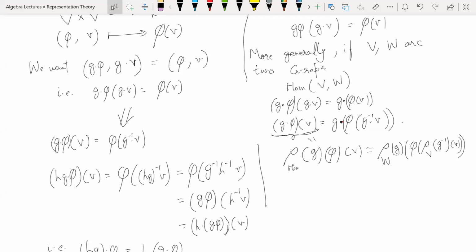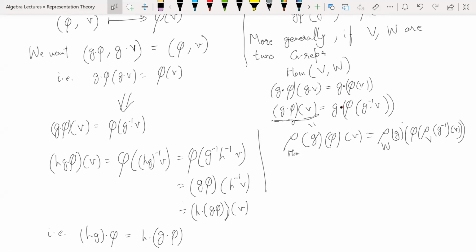Okay, so now you think about why this is an action. In the spirit of putting more brackets, let's put a bracket here. Hg times phi is going to be an element of V dual, and we want to show that the action of Hg on V is the same as the action of G on V followed by the action of H on V. So we evaluate it.